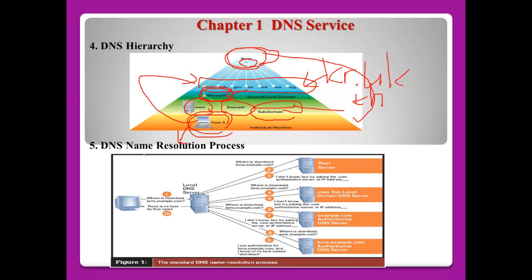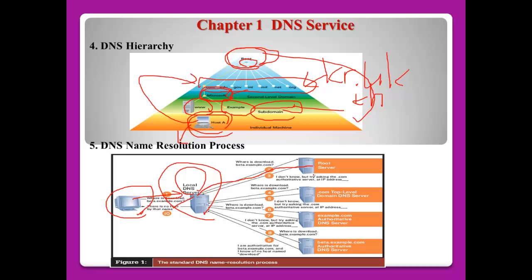Number 5, DNS name resolution process. Now we are using this host with the local DNS server. If this host requests some domain name from this local DNS server, the local DNS server tries to find this DNS information. If the local DNS server does not have exact information about the domain the client requests, then it first queries the root name server.